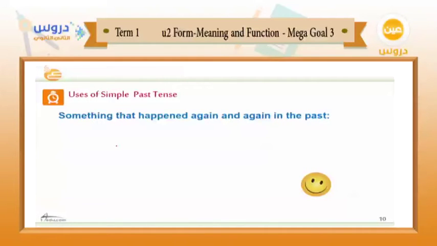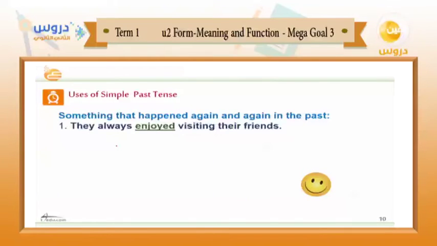Also, we use the simple past tense for something that happened again and again in the past. For example, they always enjoyed visiting their friends. So this thing happened again and again. And of course, enjoy is a regular verb.